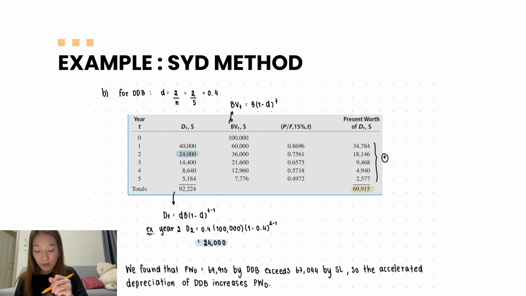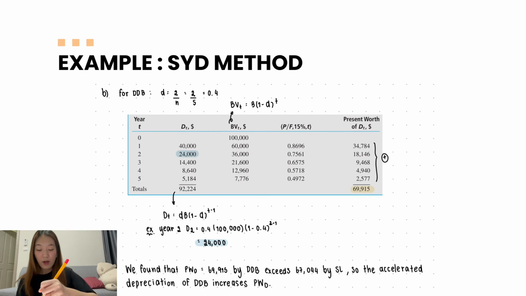For example, for year 2, d2 is equal to 0.4 multiplied by 100,000 multiplied by (1 minus 0.4) to the power of 2 minus 1, so the result is 24,000.